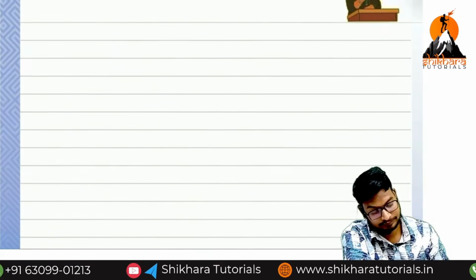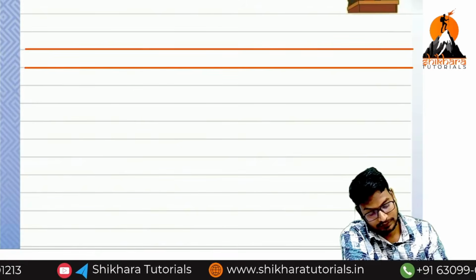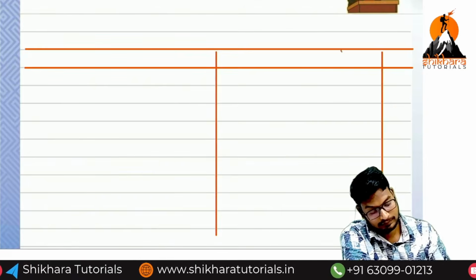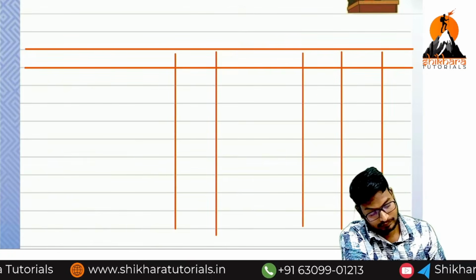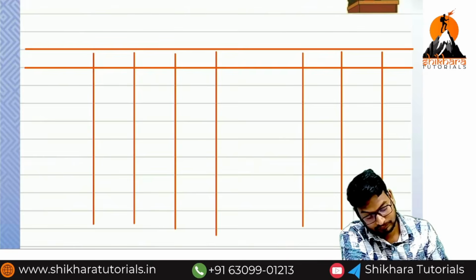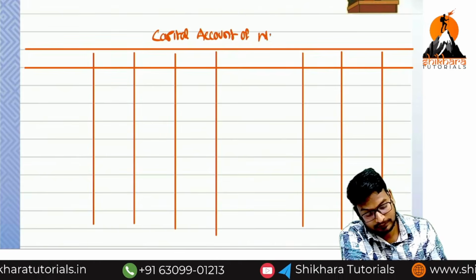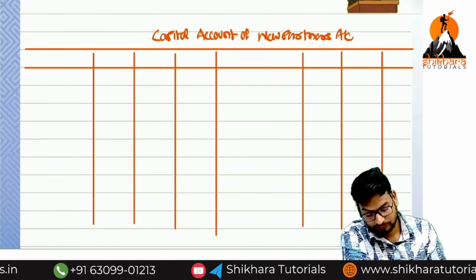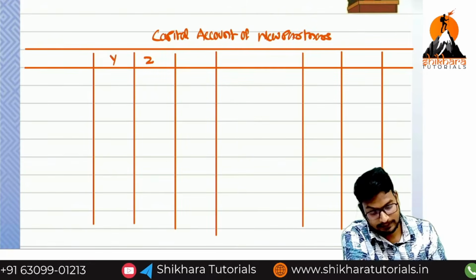What is the next one? Partners' capital account of new partners. Who are the new partners? Y, Z, R.